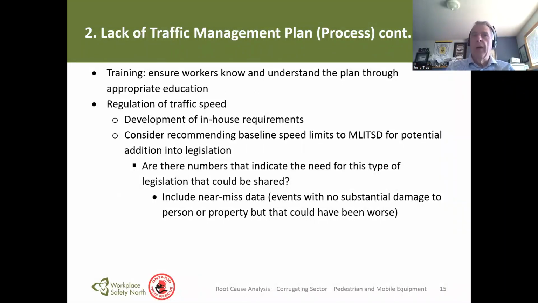So we talked a lot about whether we can have influence with the government regulatory bodies to see if that's possible. Are there numbers that indicate the need for this type of legislation that could be shared, including near miss events with no substantial damage to the person or property, but that could have been much worse? Those are the near miss issues as well.